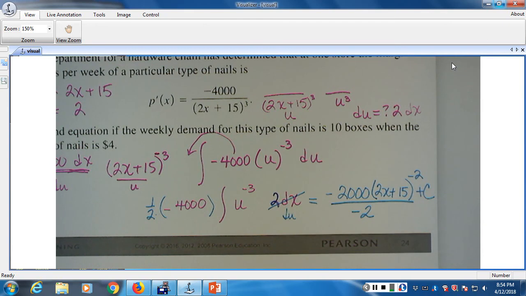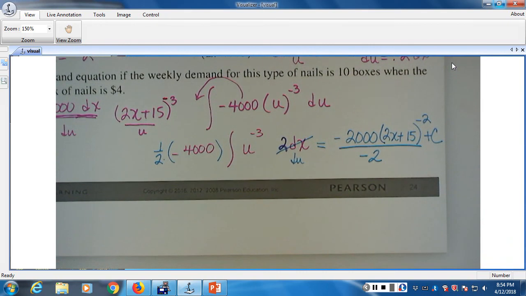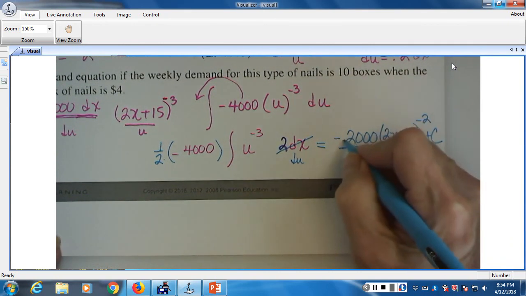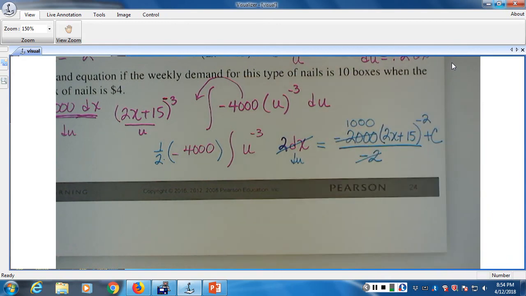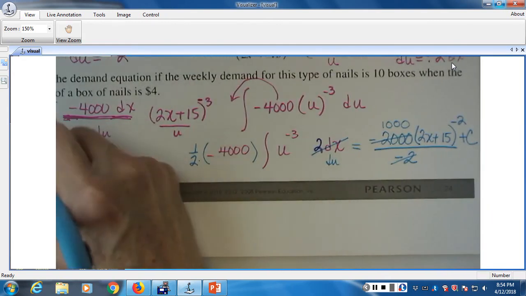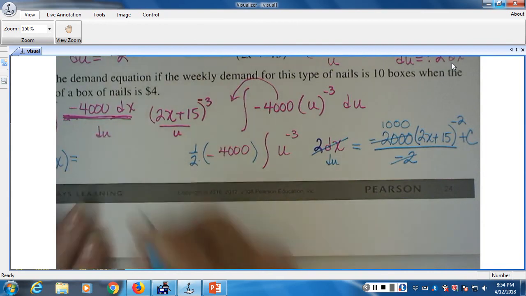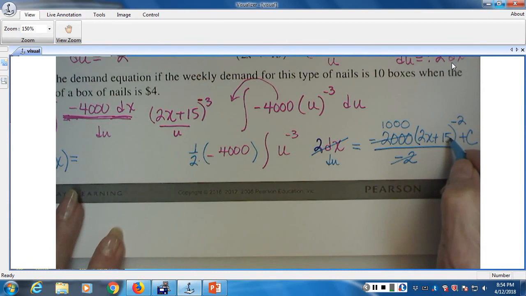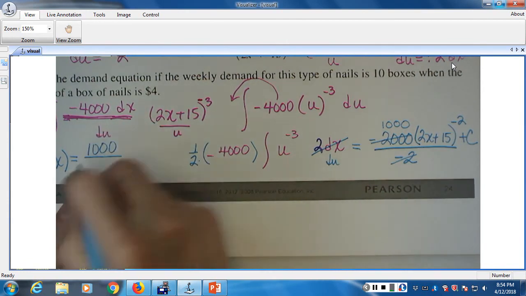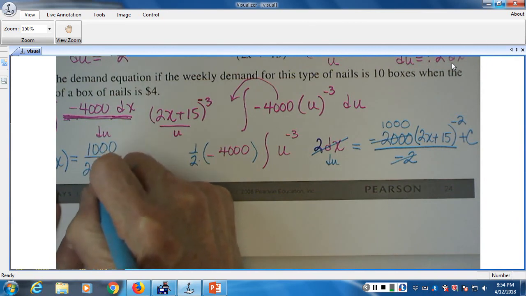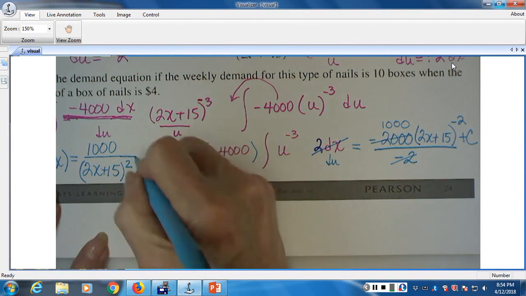Okay? So here at the bottom, we're going to try to simplify this now. Negative 2 cancels into negative 2,000 and becomes 1,000. So our function is going to be f of x is equal to, and I'm going to actually put this back in the denominator, 1,000 over 2x plus 15, and now it's going to be squared plus a constant.